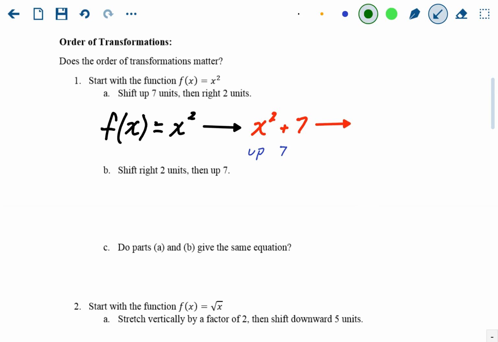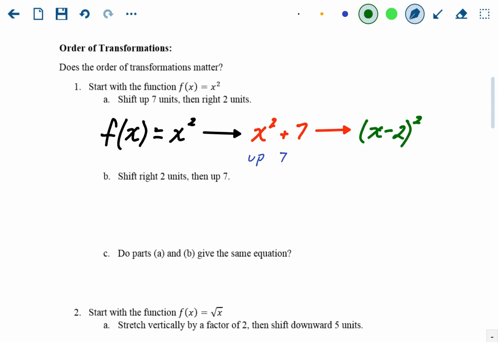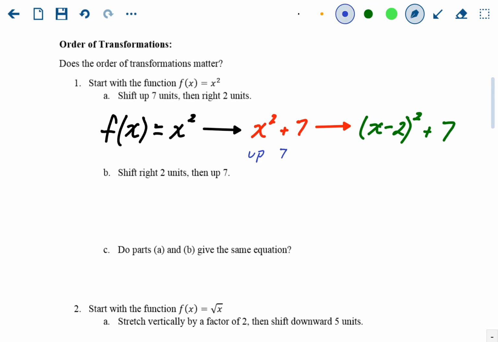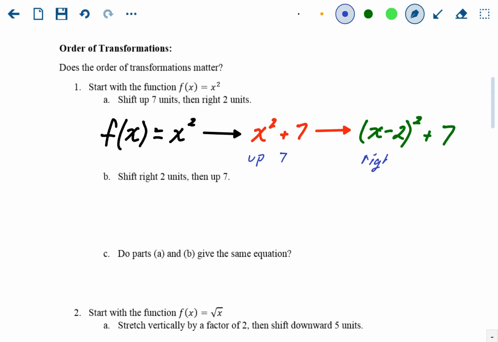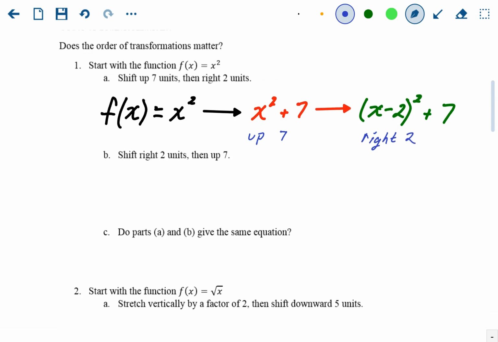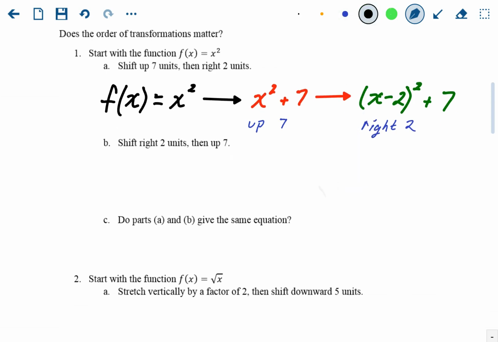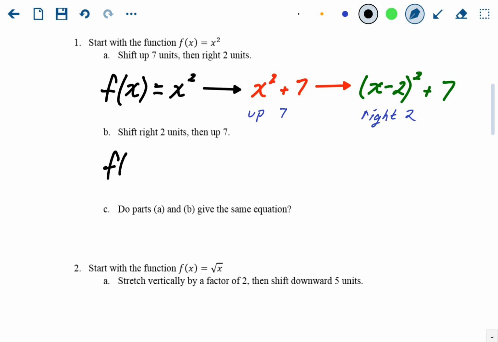The right and left happens inside the function. Inside the function here means with the x squared. So before you square it, you've got to do x minus 2 to go right 2 units. Square it, and then plus 7 at the end. So that's a transformed function of x squared going up 7, then right 2.